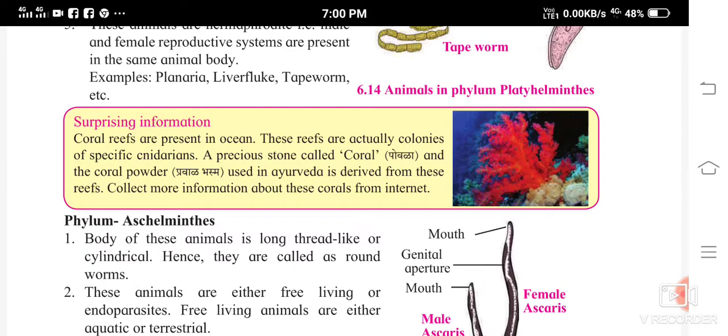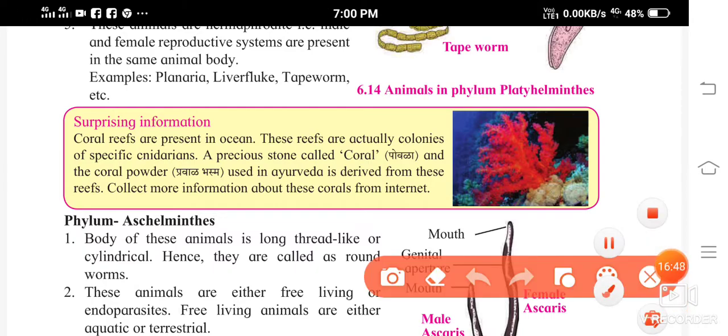Now see, this precious stone called coral, that is the povla, and the coral powder, both of these, this coral powder is used in Ayurveda, and it is derived from these reefs. Naturally it might have some medicinal value, isn't it? And you can collect more information about these corals from the internet.